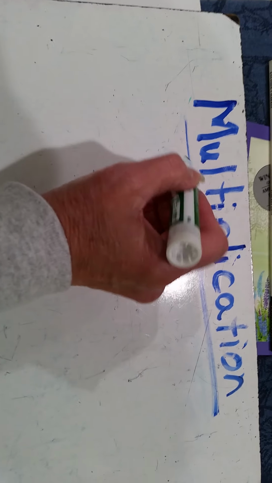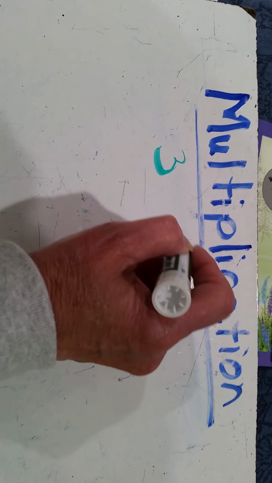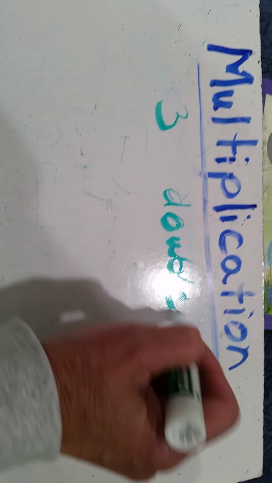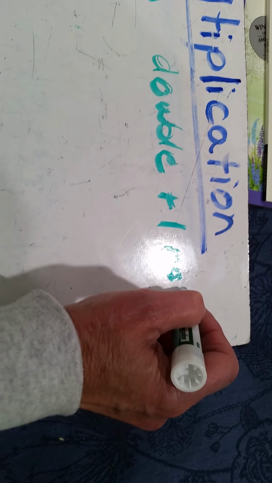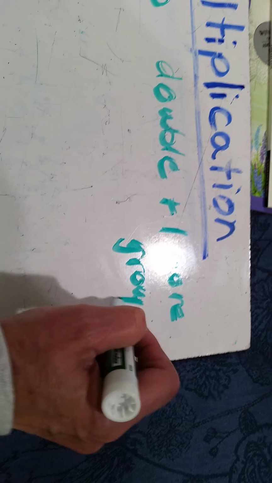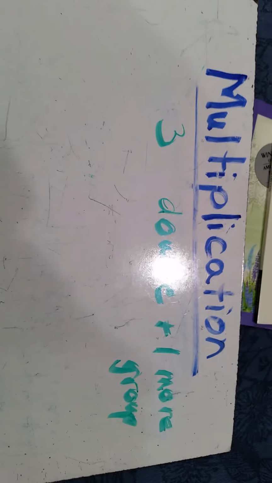When you multiply by 3s, you have the double plus one more group. And we've counted by 3s a lot in class when we had our number of the day and we divided by 3s.